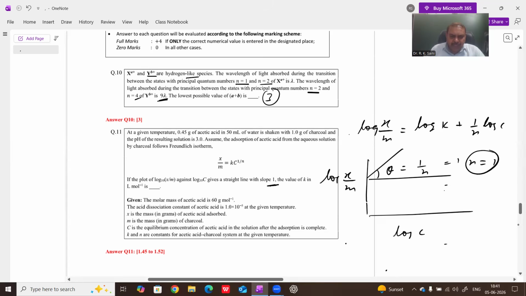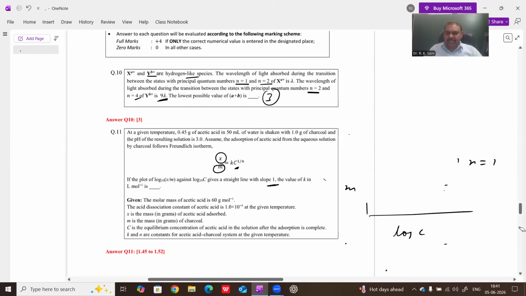Now we find the concentration of adsorption. x is the adsorbed amount, m is the amount of charcoal, and C is the concentration present in the solution. Hence we write the initial concentration of acetic acid, and after adsorption the concentration of acetic acid, and their difference, and this difference changes into the amount of acetic acid.